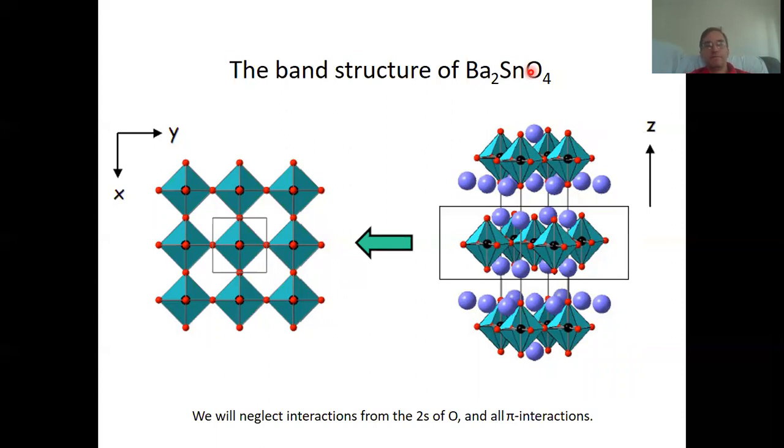So this structure is a layered structure, and precisely you have here layers of corner-sharing SnO6 octahedra. Okay, so you see here one such layer. So you see here there are tin atoms in the center of these octahedra, and these tin atoms are then surrounded octahedrally by 6 oxygen atoms.